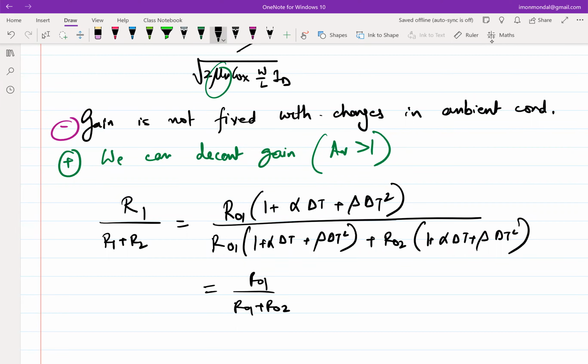People face this problem because when you have laid out a resistor in such a way that it's in one corner of the chip, and another resistor is in another corner of the chip, maybe there is more power consumption on that side of the chip and less here. So you'll have a thermal gradient across the chip. So this delta T will not be the same, and you can have different ratios because of that.